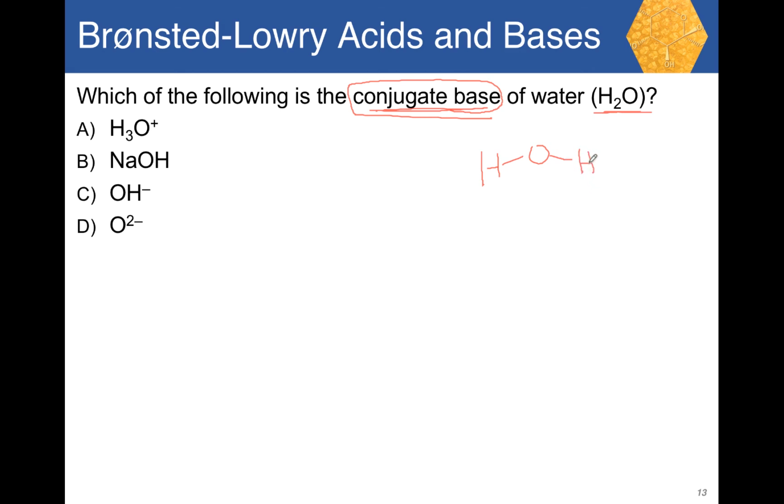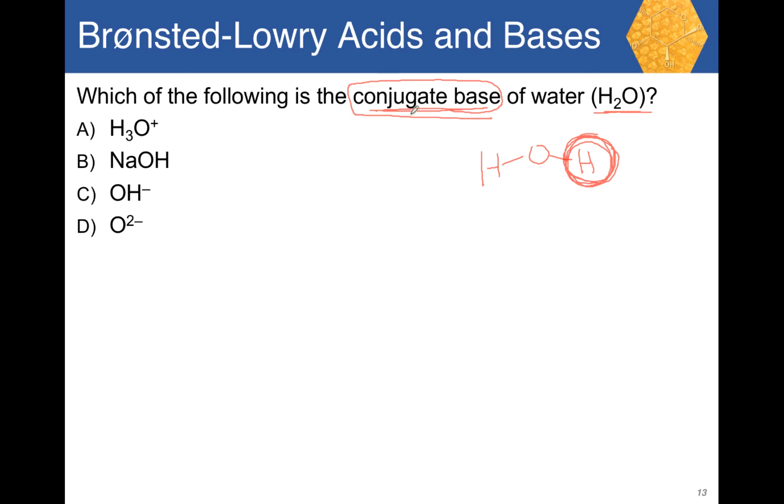To determine the conjugate base, we need to remove a hydrogen, because by definition a base is a proton or hydrogen donor. No, a base is a hydrogen acceptor. But in this case, it will be acting as an acid.